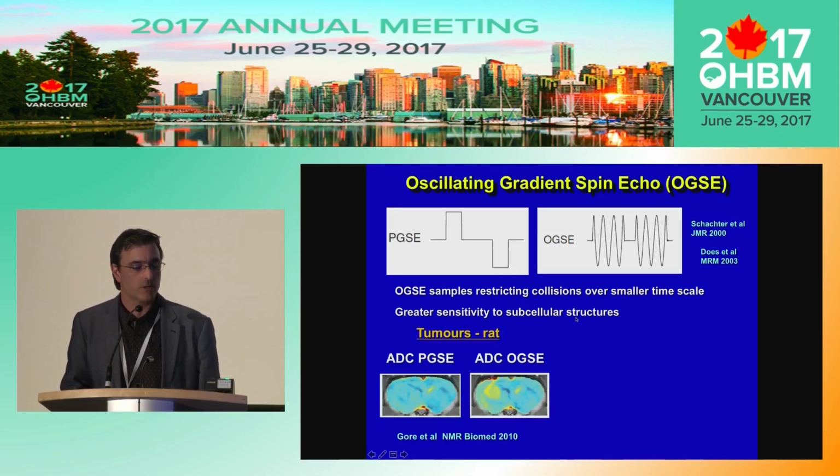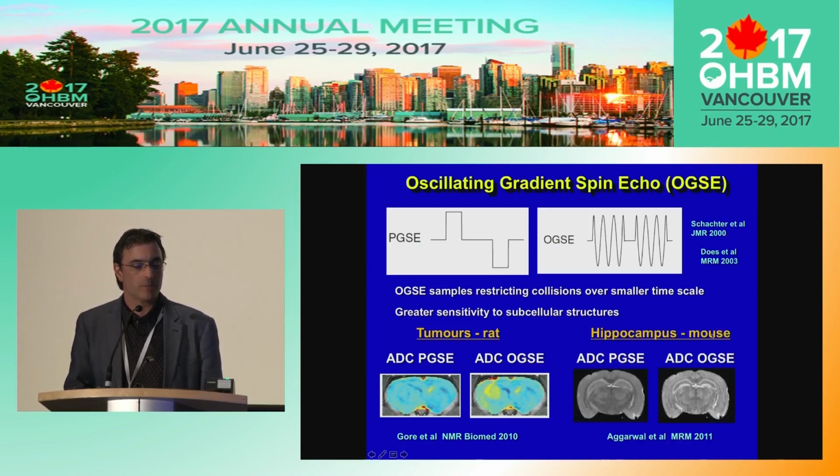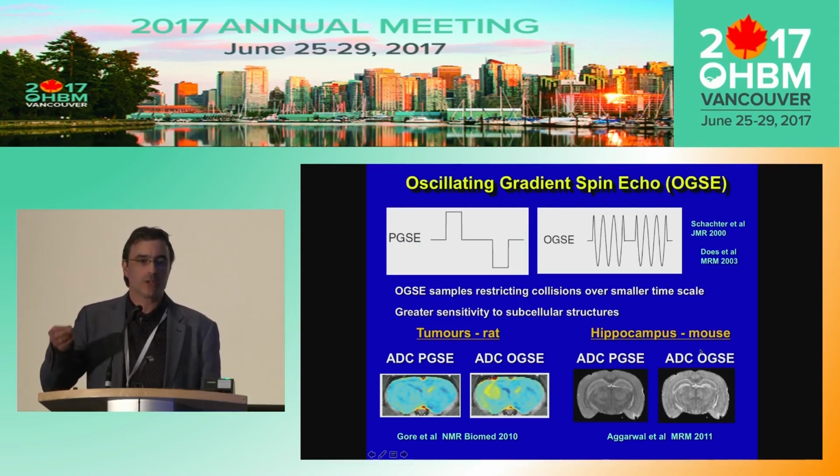A few examples in the literature are on tumors in a rat, where the PGSE doesn't show very much for the tumor, but the OGSE really brings it out. And here in the hippocampus in the mouse, you can get much higher contrast within the hippocampus using the OGSE. So it's giving us new information just from how we're acquiring the data, right?